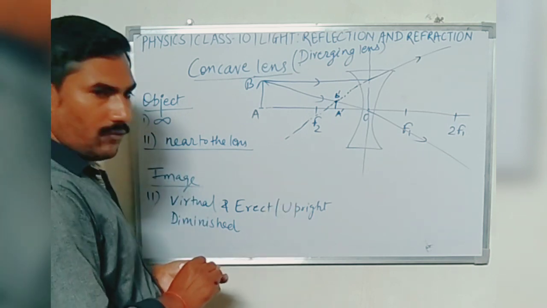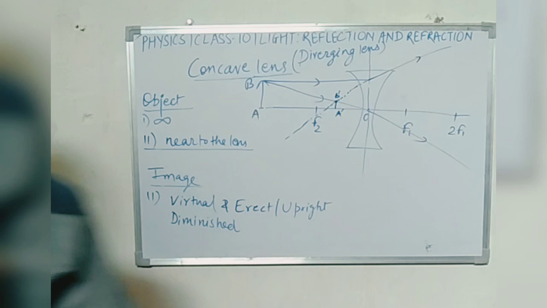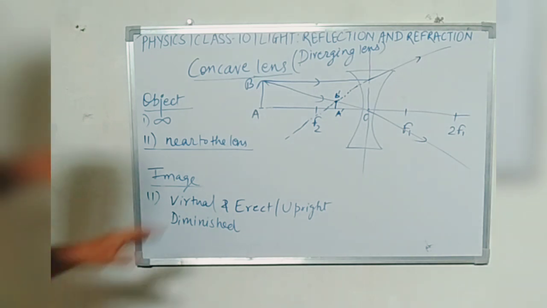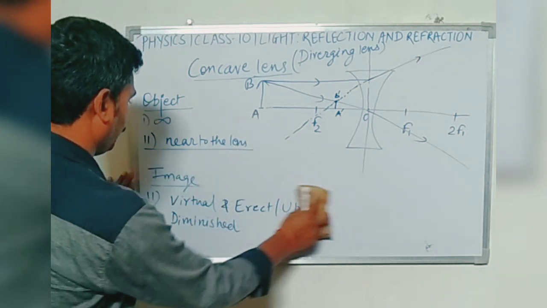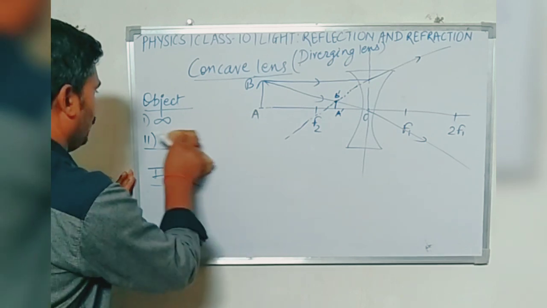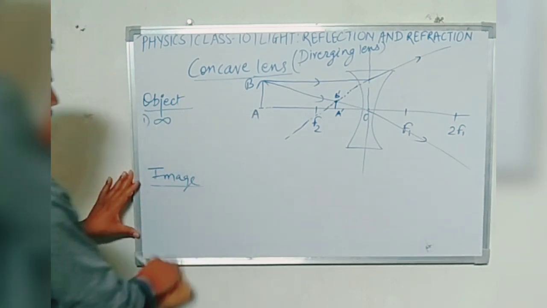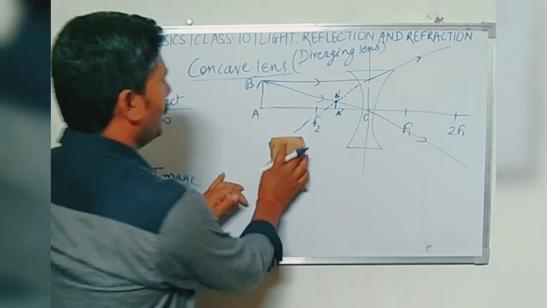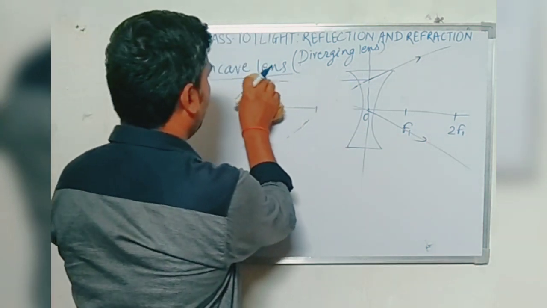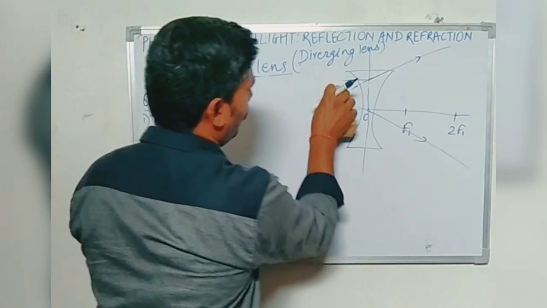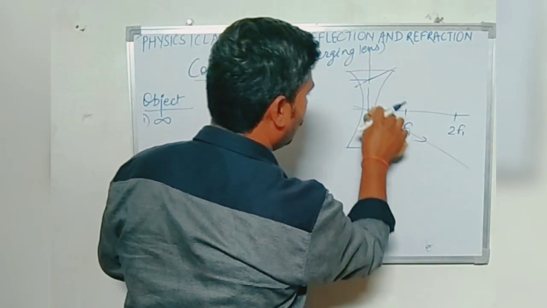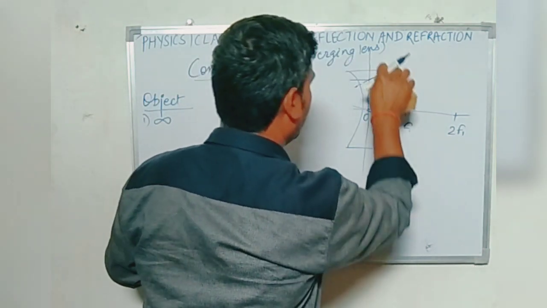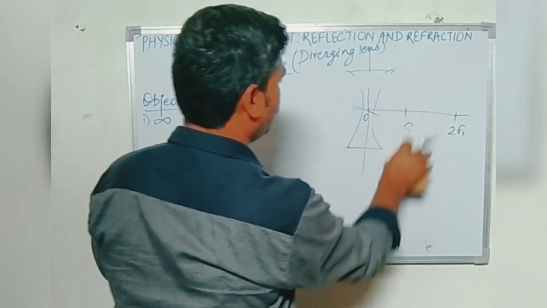So now we have the second case when object is placed at infinity. What will be the nature and position of the image?